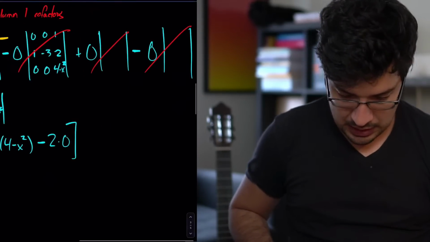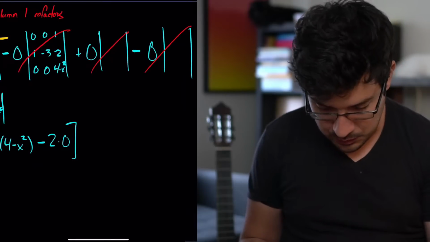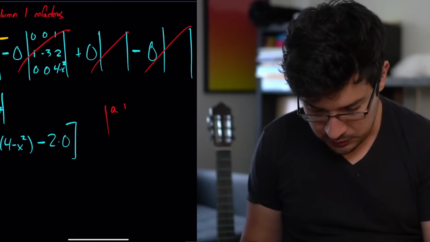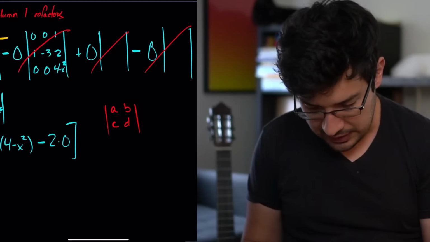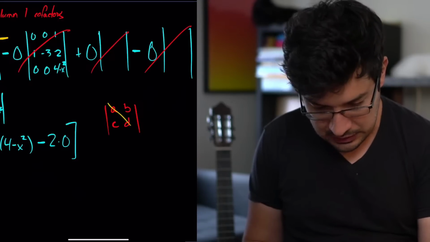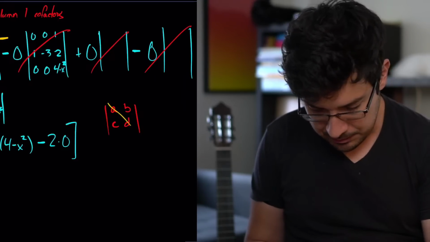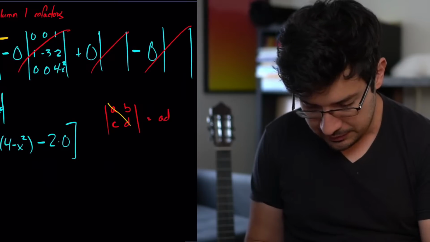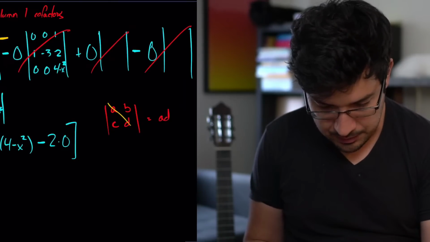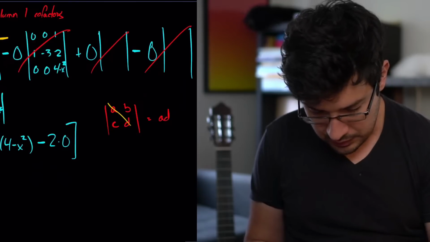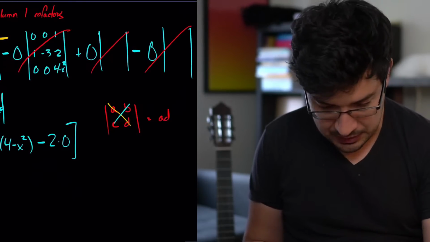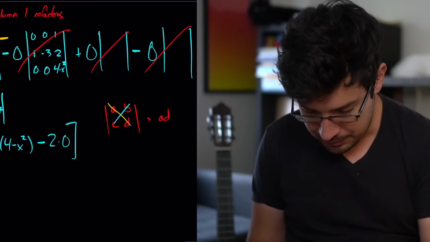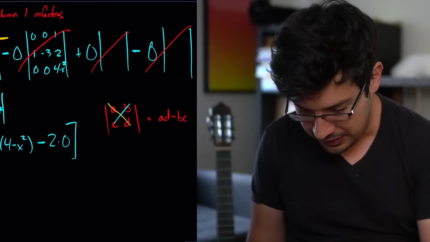Again, the reason for this is that for a 2 by 2 determinant, A, B, C, D, I always see it as this diagonal multiplied together, AD, minus this other diagonal, BC.